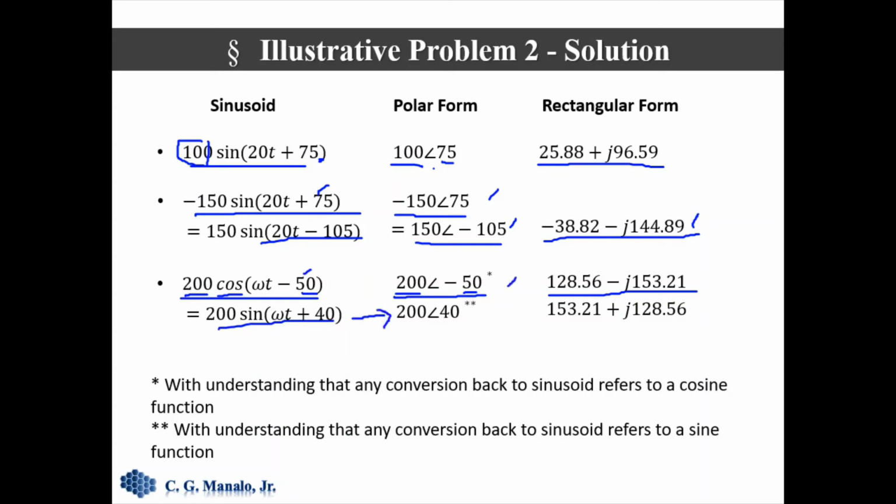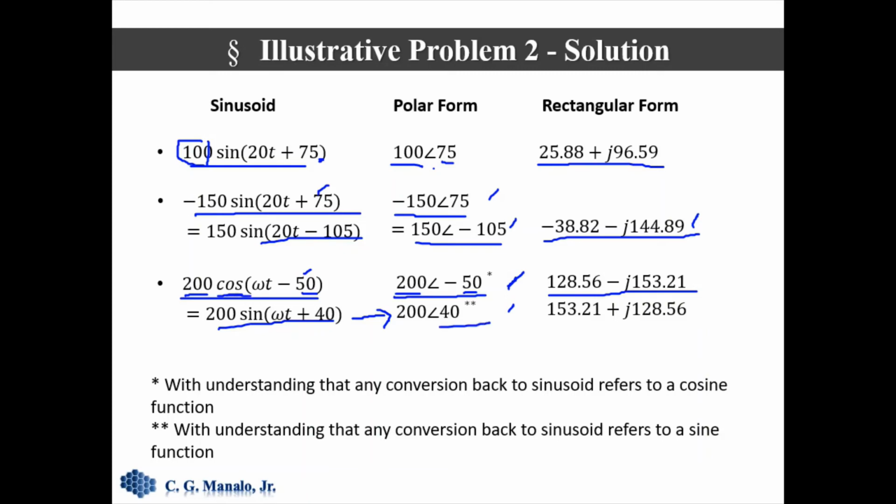Now these two polar forms are actually different. So how come they are different? Would that not give me a problem? It's really just a matter of agreement that if we use this, it is understood that if I convert this back to a sinusoid, I should use a cosine function.